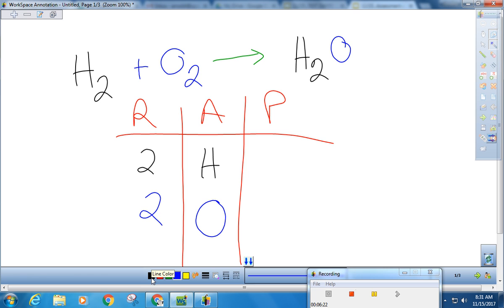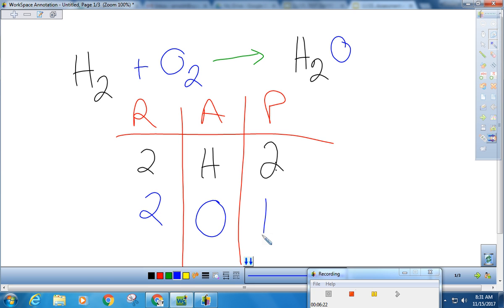If we take a look on the product side now, we're going to move over to the product side. How many hydrogen atoms do I have on the product side? I have 2. Oops, let me change colors here. I have 2 there. How many oxygens do I have on the product side? I have 1 there.